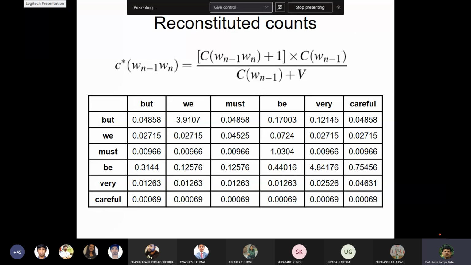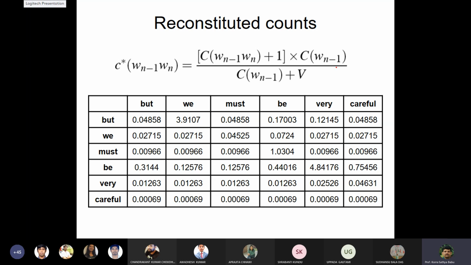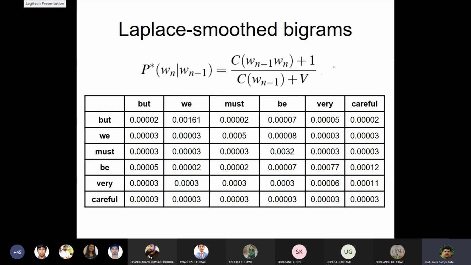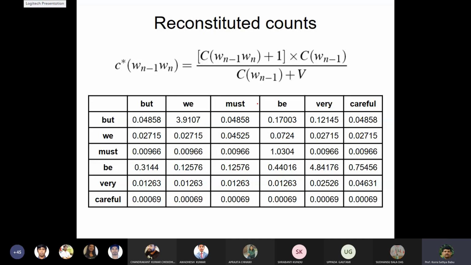Now the reconstituted counts: the count of Wn minus 1, Wn is equal to the count of Wn minus 1, Wn plus 1, times the count of Wn minus 1, divided by the count of Wn minus 1 plus the vocabulary size. You simply need to know the formulas: earlier the Laplace smoothed bigram values, and later the reconstituted counts.